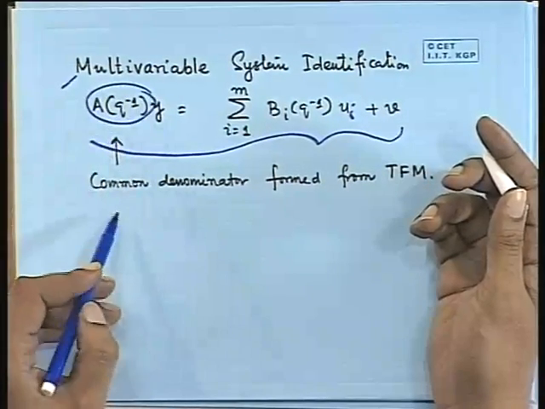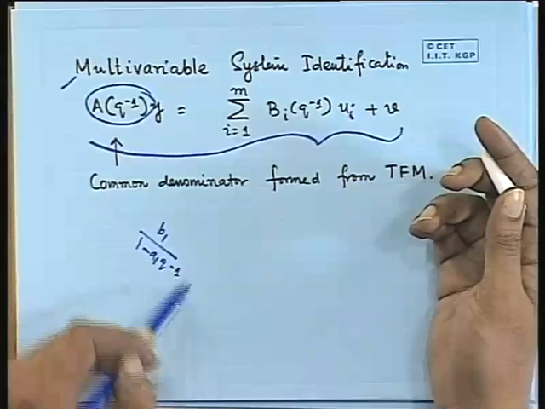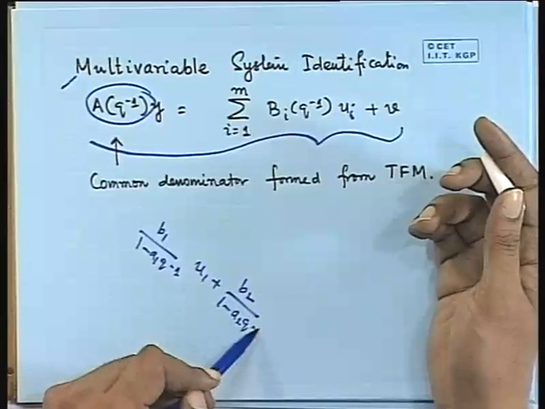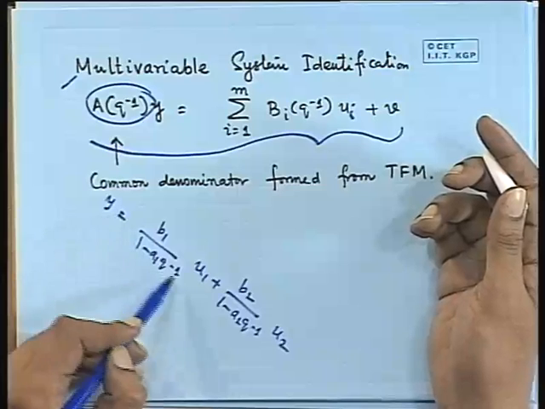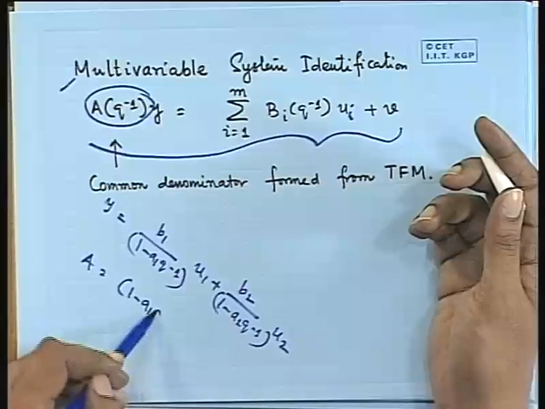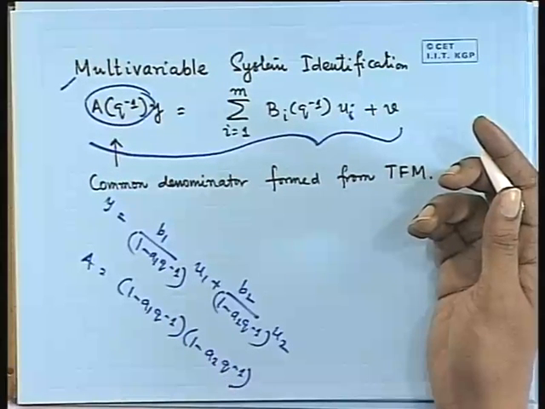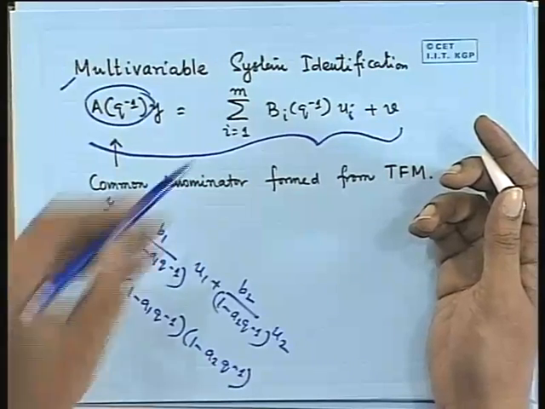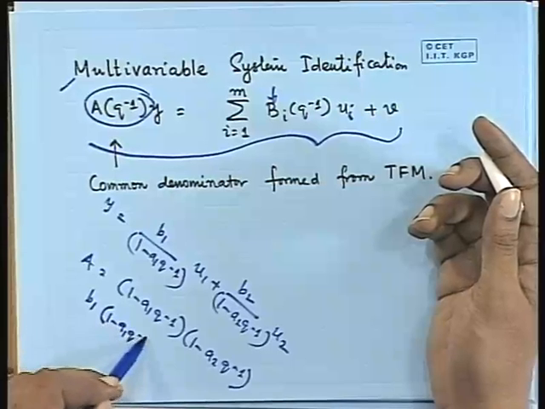That is, if you have B1 by 1 minus A1 q inverse U1 plus B2 by 1 minus A2 q inverse U2, Y is equal to, then you have to take common denominator. So your A will become 1 minus A1 q inverse into 1 minus A2 q inverse, and your B will become B1 into 1 minus A2 q inverse.